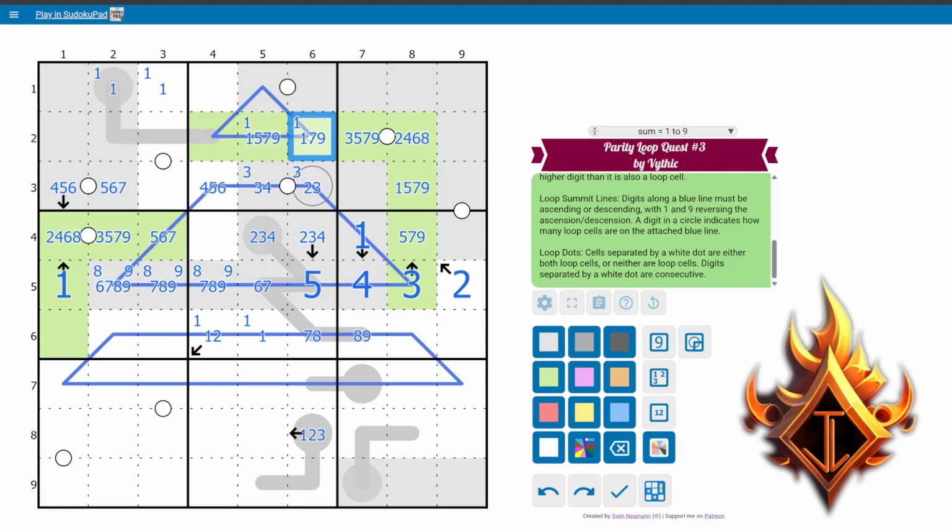Because if we only have 1 and we're just increasing, that's not going to work. So we have to have a 9 somewhere. In fact, all of these have to have, well, then we can have 2. They could have 2 9s and 2 1s.